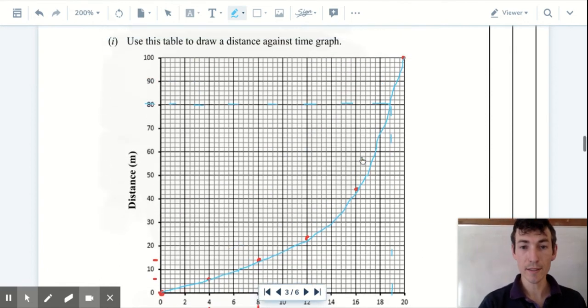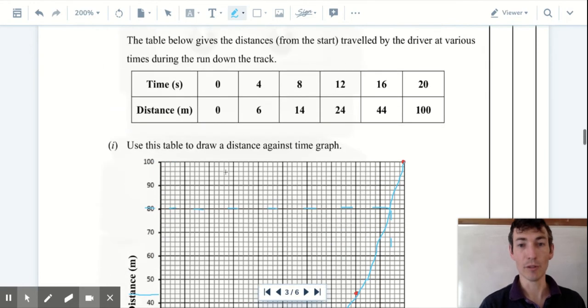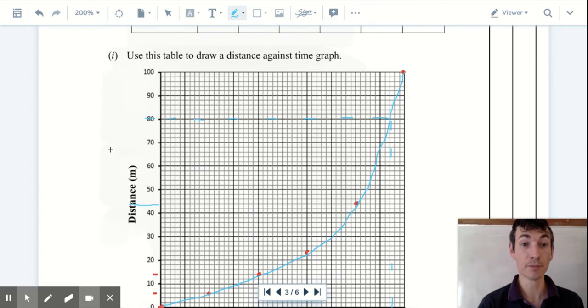And what's our distance from those times? Well, it goes from this point here, which is 44 meters, because we read that. That's up there on our table as well, in case you didn't want to use your graph. And it's going all the way up to 100 meters. This is not a very straight line, so that distance there we need to figure out.